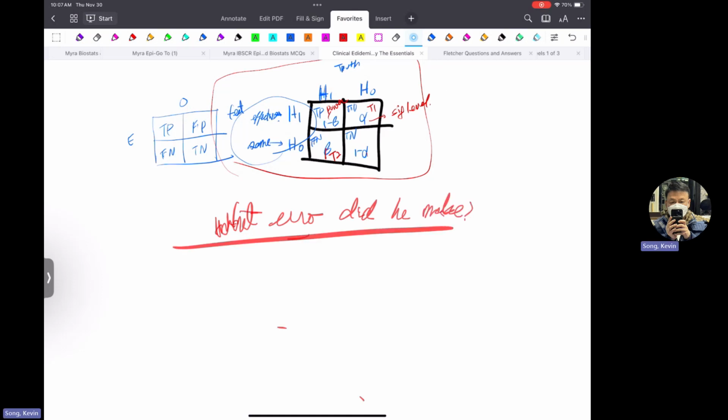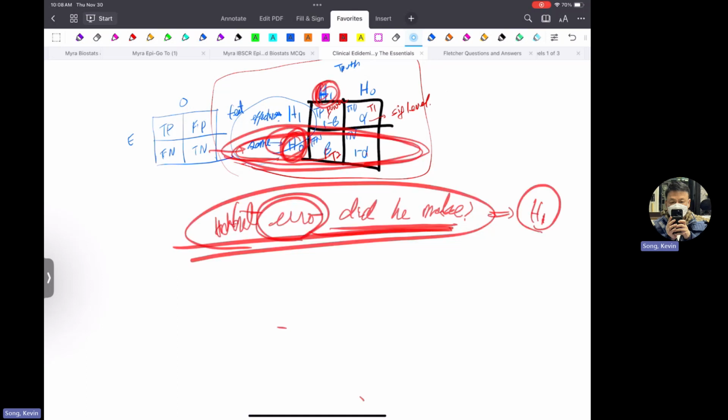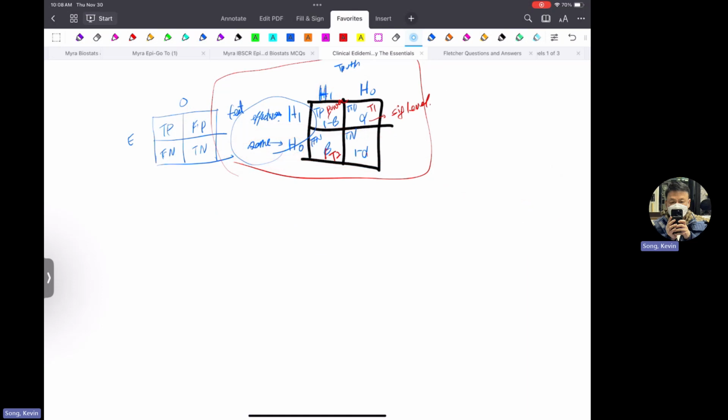So there was an error, right? That means the test came out to be there's no difference, and then he made an error. So the only possible way it can be an error is that the test says H0 but the truth is H1. So then you can say that the truth was H1. Okay, so that's the error, meaning the type 2 error occurred, right?